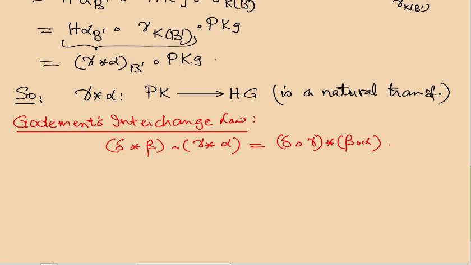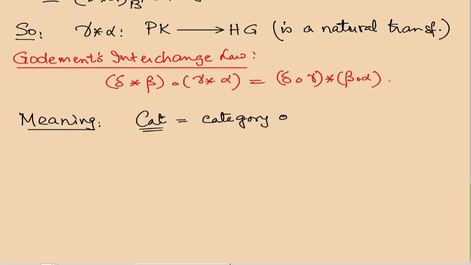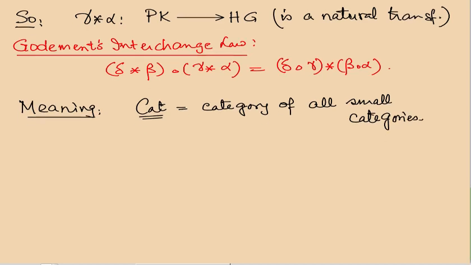Now, what does this mean? Let's see the meaning of this. Let's look into CAT, the category of all categories. They are small categories.